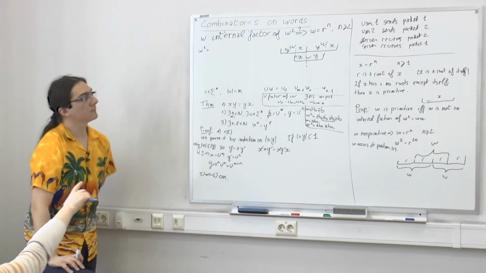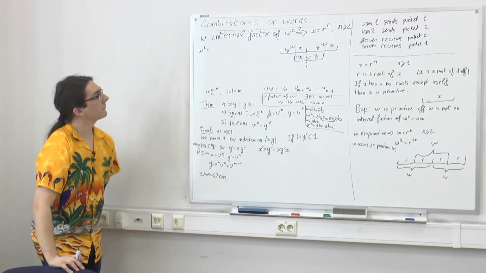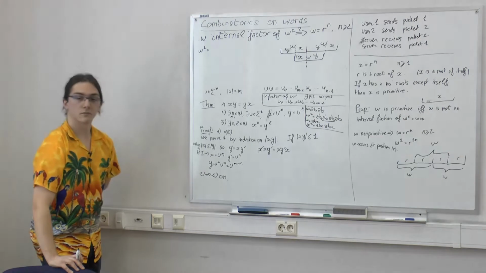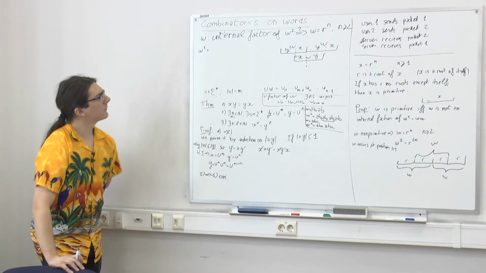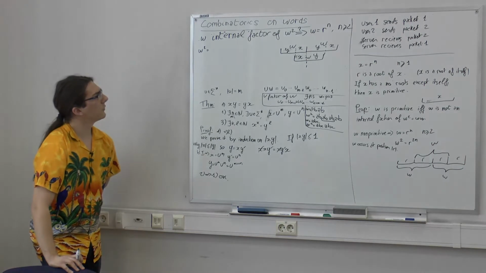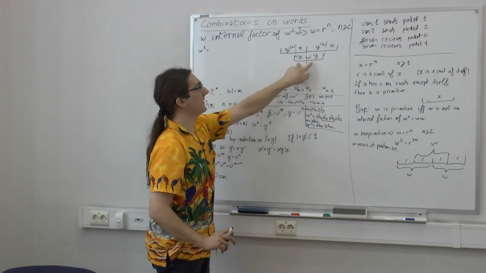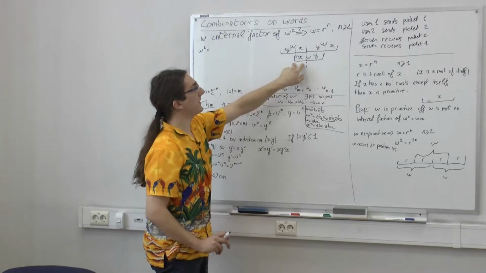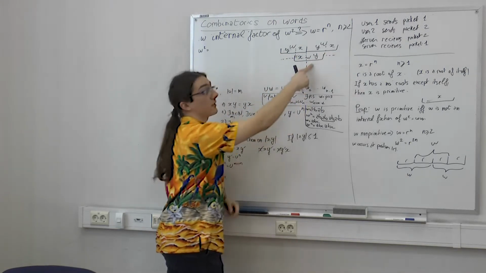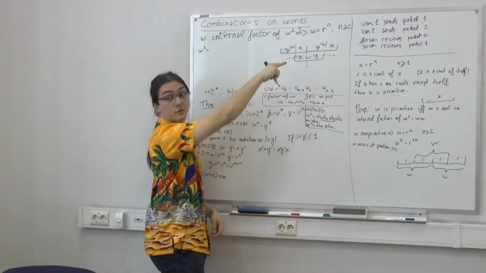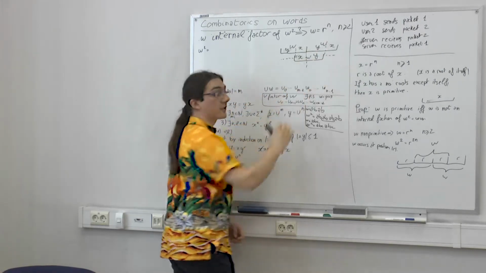Because you say that W is X concatenated with Y, but above you write twice the concatenation of Y with X. First I split this W into X and Y, and then I say that since these two things are equal, W is an internal factor, so these two things are both equal to W squared. So this X must occur here as well, and this Y must occur here as well.